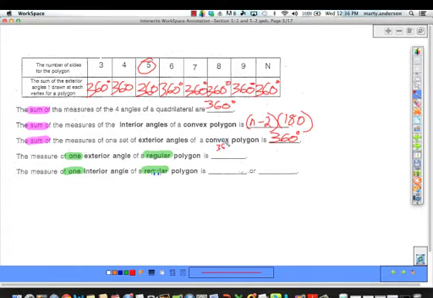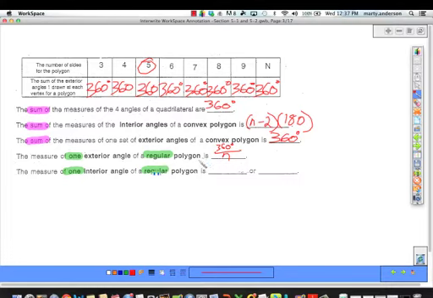We're going to take 360 divided by our number of sides. So when they ask about one exterior angle, you're talking about 360 divided by n. Then, if we're talking about one interior angle, well, we just said the sum of the interior angles is n minus 2 times 180.